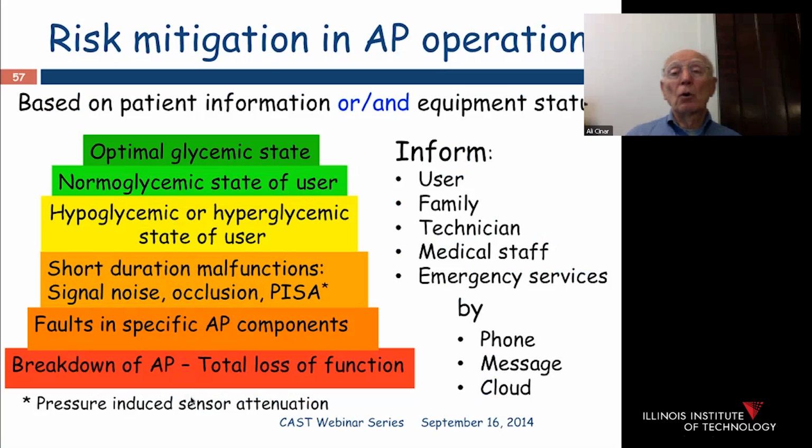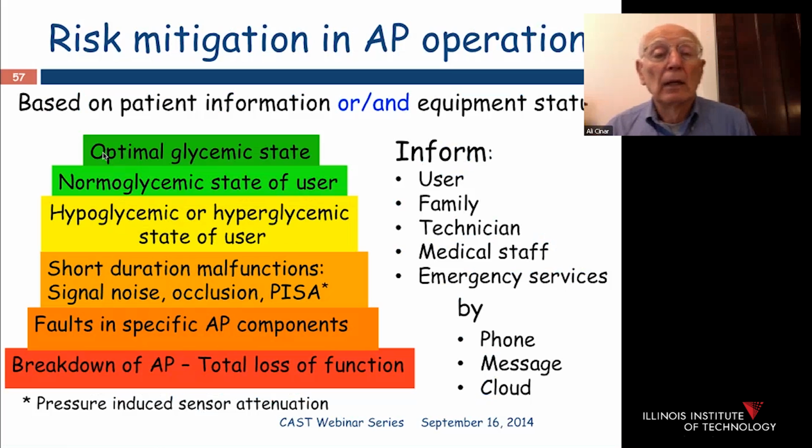So going to the future now, as engineers start paying more and more attention to this problem, the concepts of fault detection, diagnosis, risk mitigation became one of the key focus areas. Of course, we would like this optimal glycemic state where the patient has blood glucose levels in the range of, say, 110 to 130 all the time.